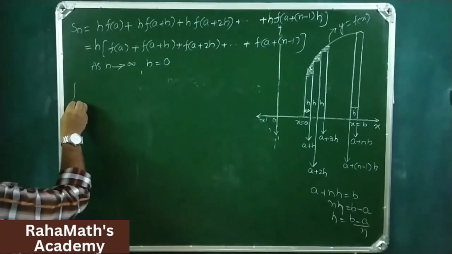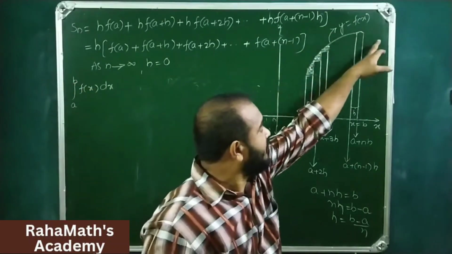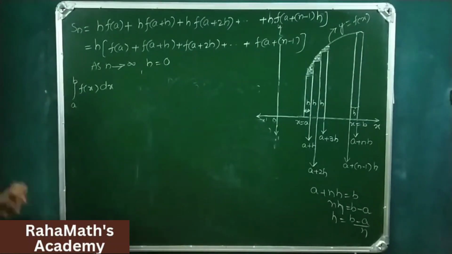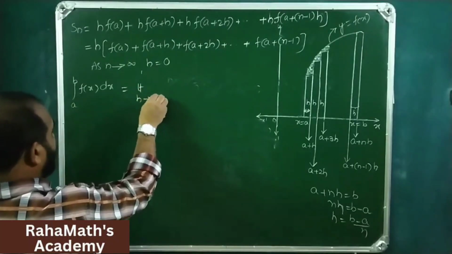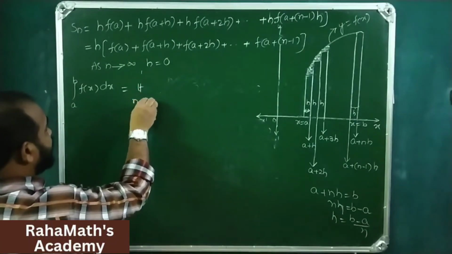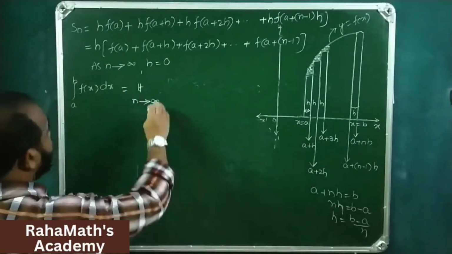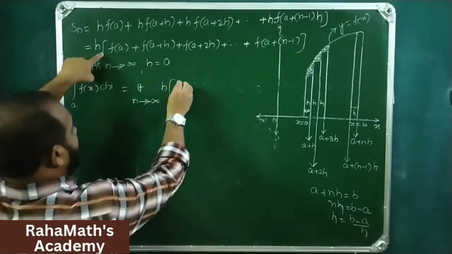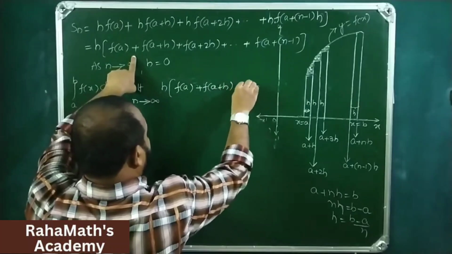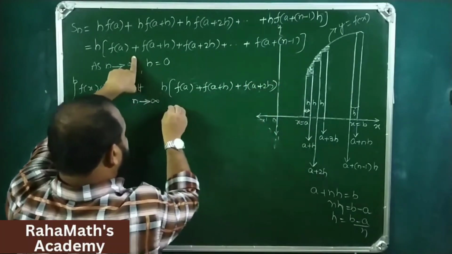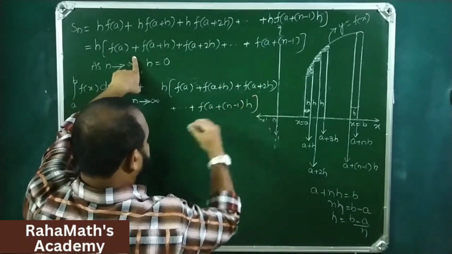So what is Sn? Integral a to b f of x dx, the area of the region bounded by the curve y is equal to f of x between the limits a and b, is equal to limit h tends to 0, or first limit n tends to infinity, as the number of rectangles is infinity, h into f of a plus f of a plus h plus f of a plus 2h, etc., plus f of a plus n minus 1 into h.